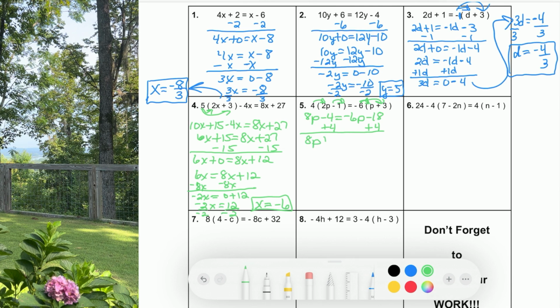I get 8p plus 0 equals negative 6p minus 14. Rewrite that. Now I need to move my negative 6p, so I'm going to add 6p, add 6p. I get, let's see, 14p equals 0 minus 14.